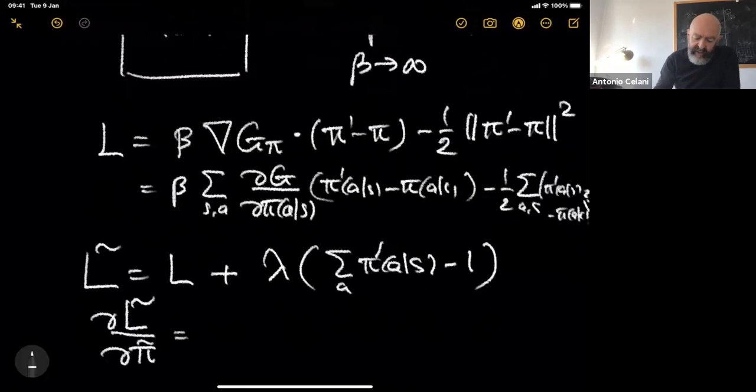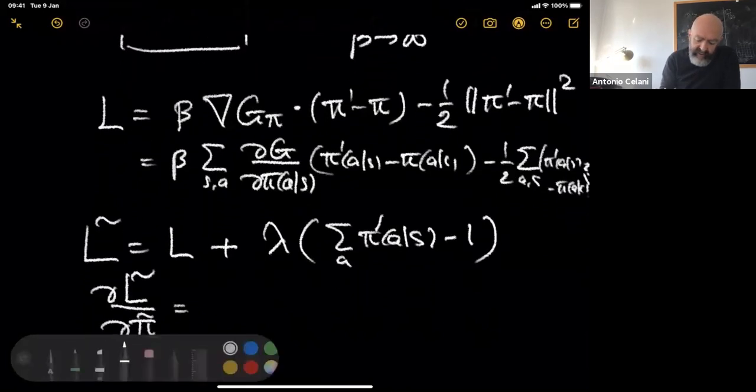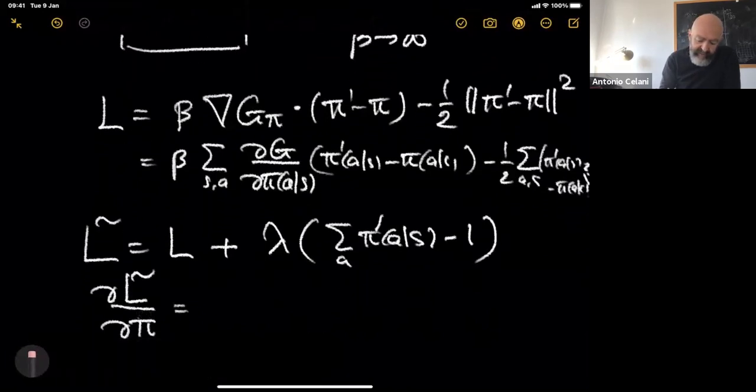And how does it look? Sorry, this is with respect to pi prime. Well, it's very simple because the first term here is linear. So the derivative gives me beta grad g pi.